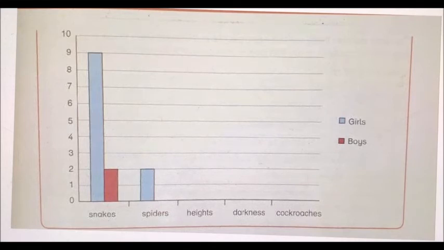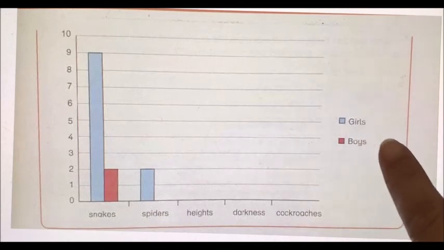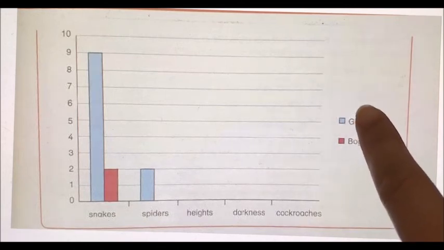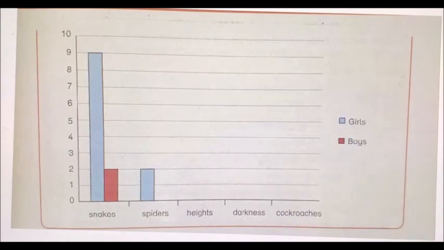So it's important, you need to fill in a title, you need to fill in the caption on the left at the numbers, you need to fill in the caption at the bottom with all of the fear factor items, and then you need to complete this table using the data from the last part of the first page. And please make sure your bars are neatly drawn, and after you have decided which color to use for girls and which color to use for boys, you need to indicate it in this key. So the color of the girls and the color of the boys.